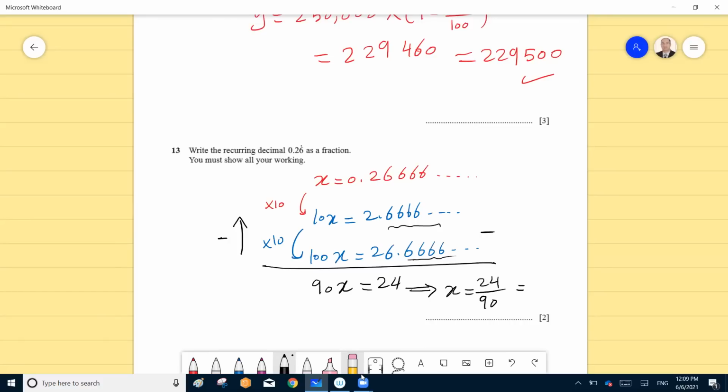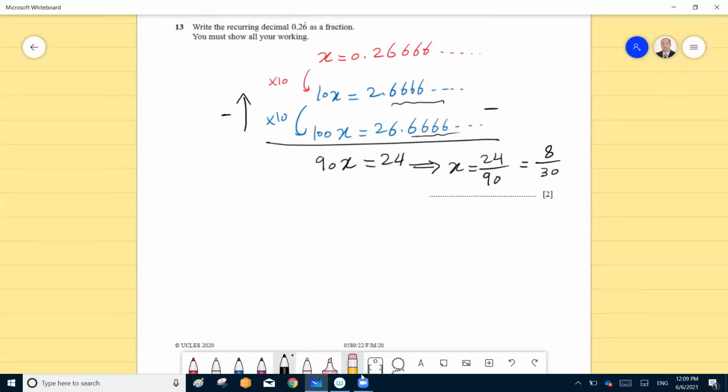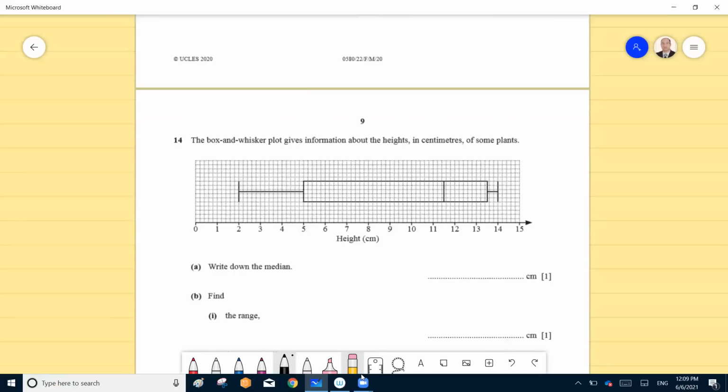You can simplify by dividing by 3 up and down to get 8 over 30. Okay, this is the value, and you can check your answer by dividing 8 by 30. You'll get the same decimal as above, 0.26 recurring. So the fraction is 8 over 30.